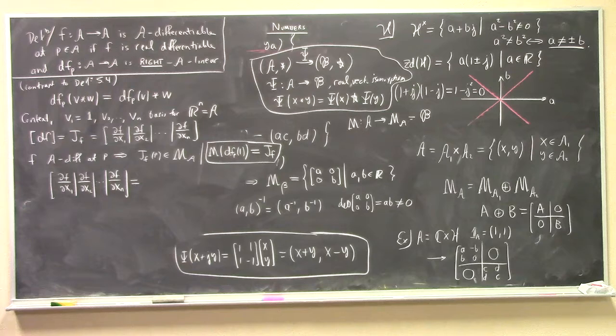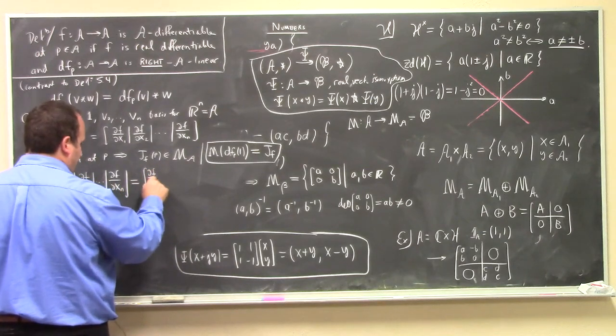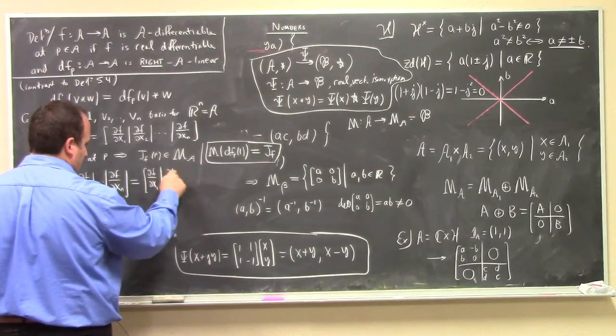What I'm trying to say is the Jacobian has to be in the regular representation, right? And so that means that this Jacobian has to also look like this, right?